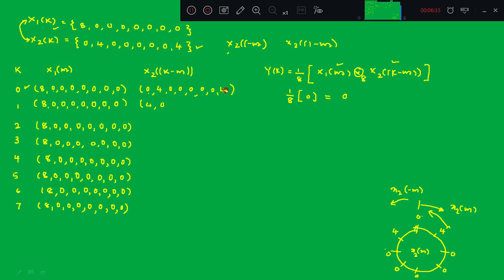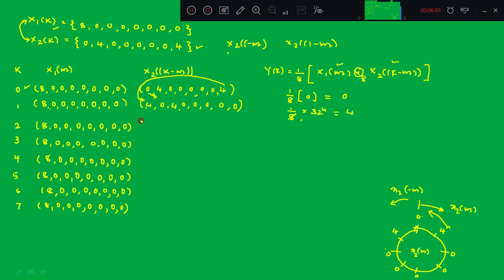So 4 I will take here, then 0, 4, 0, 4, 0, and next this 4 comes here, then 0, 0, 0, 0. Again you multiply: 8 into 4 is 32, and the remaining give 0. So 1 by 8 into 32, you will get 4.